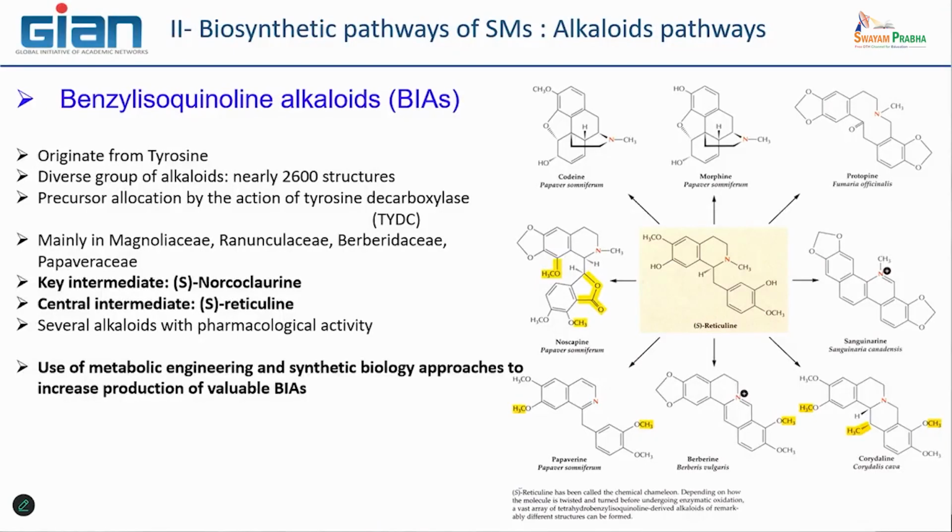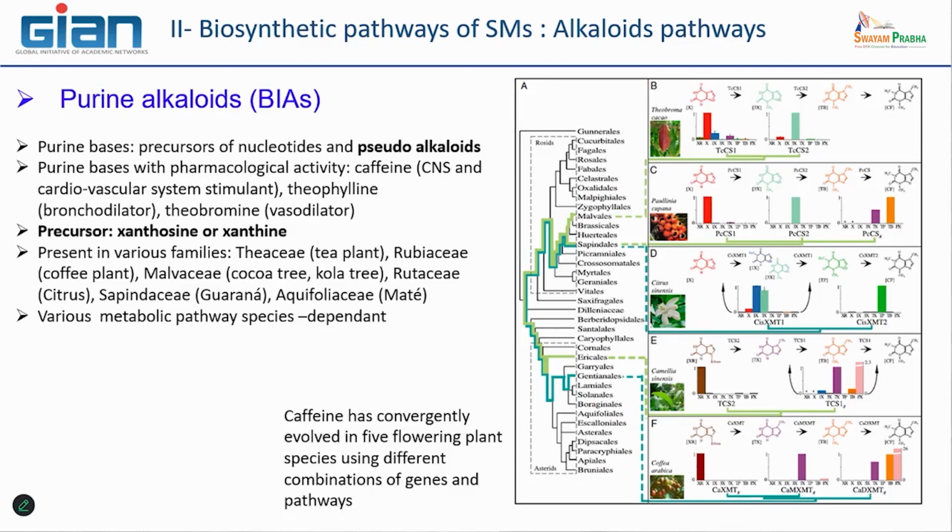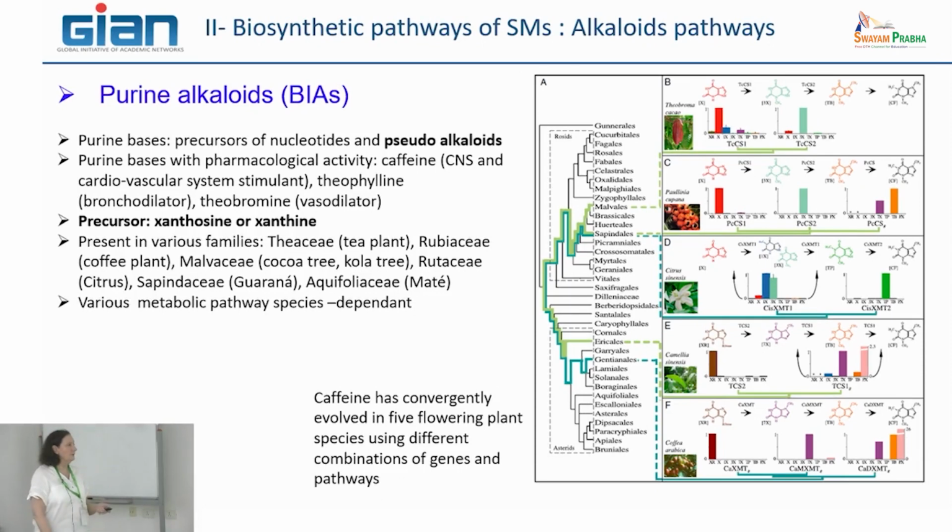Another example showing that reticuline can lead to a very large set of alkaloids. Purine alkaloids, perhaps it is exactly the same. The two precursors are xanthosine and xanthine. What is interesting is that in coffee, they have studied the evolution of production of this particular alkaloid, which is not a true alkaloid, if you remember well what I presented before.